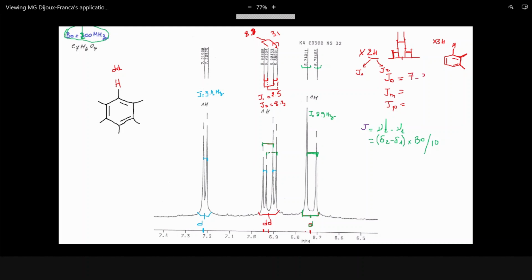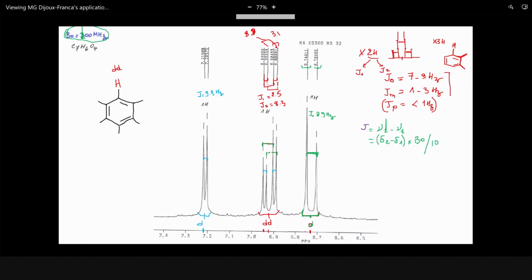Remember, we said it's between 7 to 9 hertz. A coupling meta, it's between 1 to 3 hertz. And J para is less than 1 hertz. So that's why we don't see it usually.